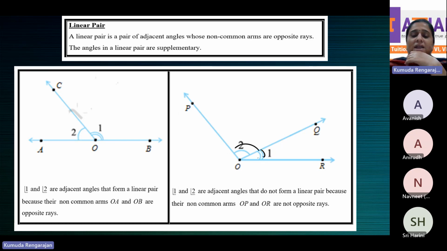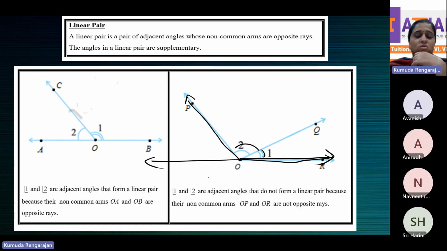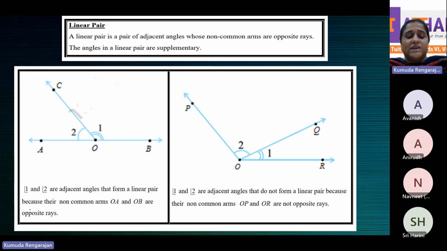Here 1 and 2 are adjacent angles, but they don't form a linear pair because their non-common arms OR and OP are not going in opposite directions, east-west, north-south. If this is going towards east, this one should go like this. No, it's not going like that. It's going like this. So they don't form a linear pair.